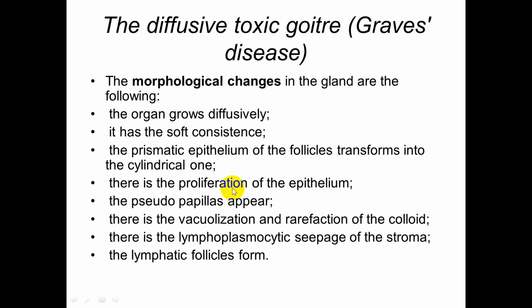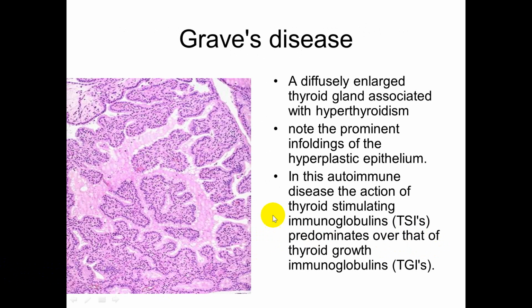There is a proliferation of the epithelium. Pseudopapillae appear. There is vascularization and rarefaction of the colloid. There is lymphoplasmacytic infiltration of the struma. The lymphatic follicles form. These are the histological signs of Graves' disease.